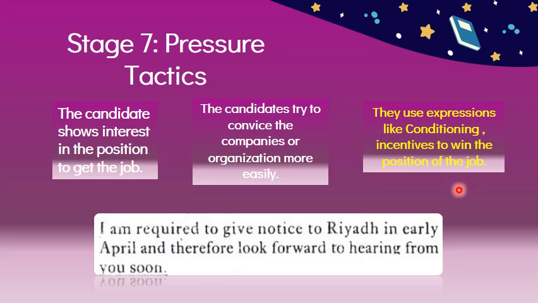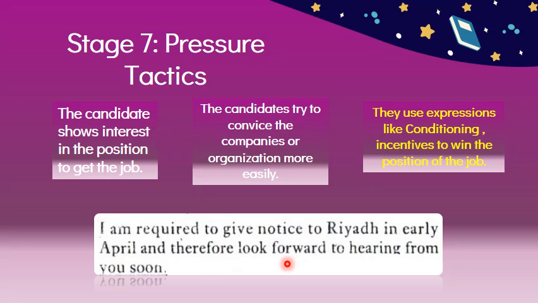For example, I am required to give notice to Ryan in early April, and therefore look forward to hearing from you soon. That's right. I'm really sorry because I'm reading a bit fast, but no worries. I'm going to repeat it again. I am required to give notice to Ryan in early April, and therefore look forward to hearing from you soon.